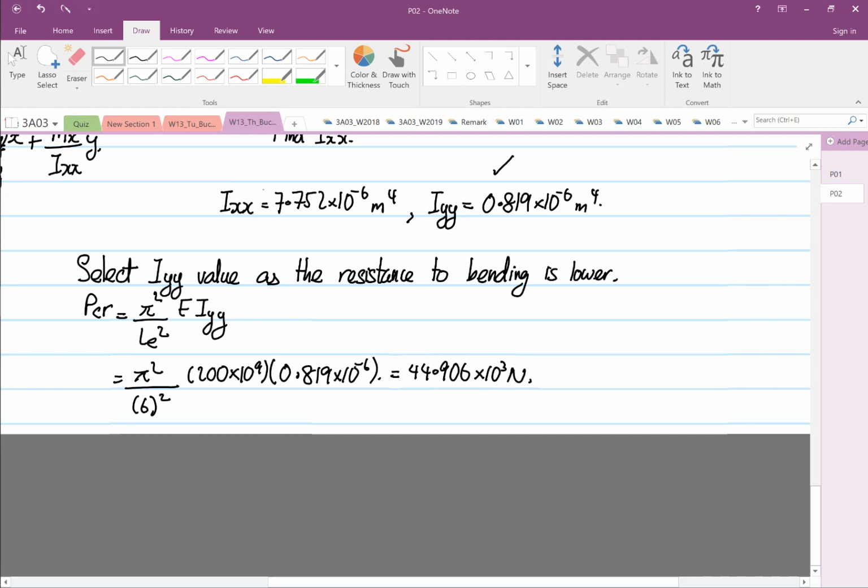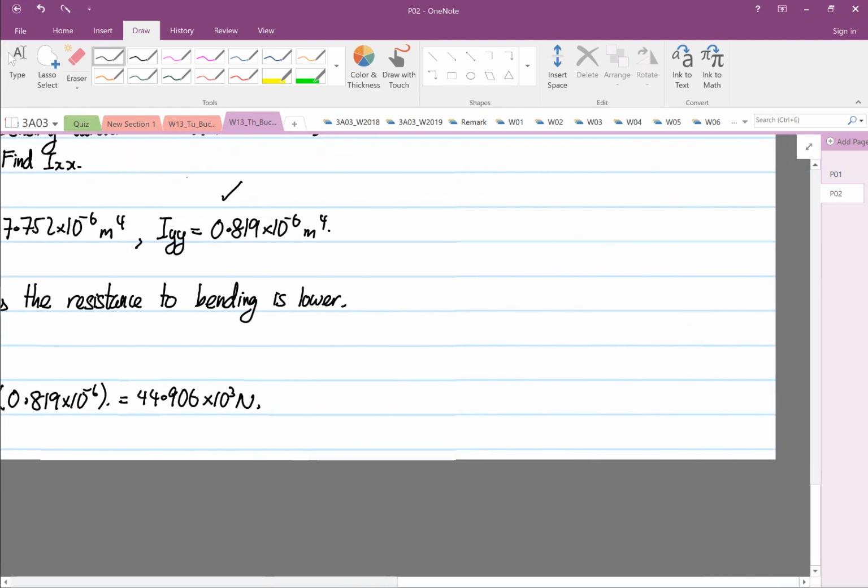What this means is that, based on its design, this structure can withstand a load of 44.9 kilonewtons. Finally, we calculate the factor of safety, based on whether it will buckle or not.